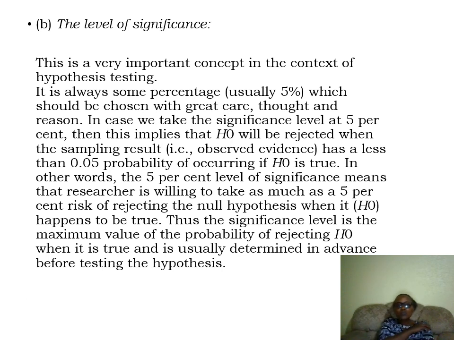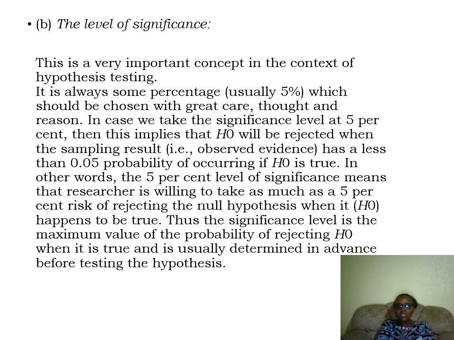Now, how then would we test? We'd test on the level of significance. When the researcher is carrying out the statistical analysis, because testing normally comes down to statistical analysis, especially when it comes to these issues of null and alternative hypotheses, the researcher would say, I'm going to put my level at 5%.